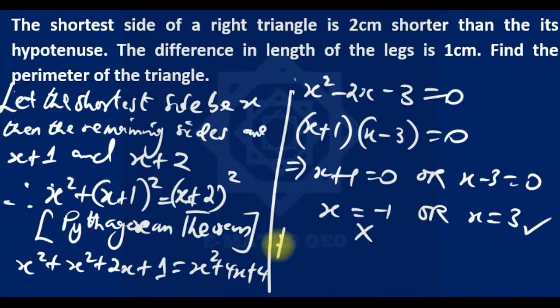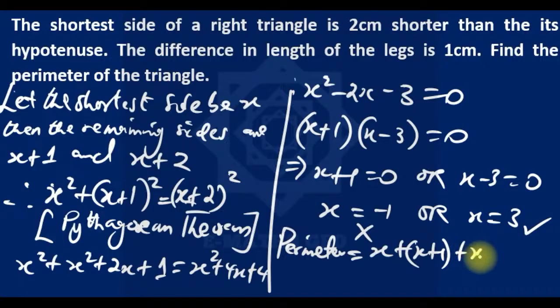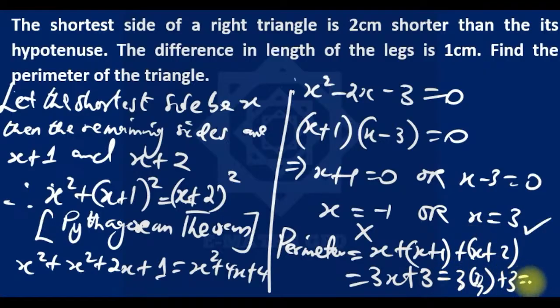So the perimeter is the addition of the sides, which is x plus x plus 1 plus x plus 2, which is 3x plus 3. So that's 3 times 3 plus 3, which is 9 plus 3 is 12. So our perimeter is 12.